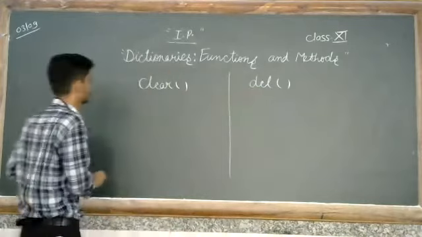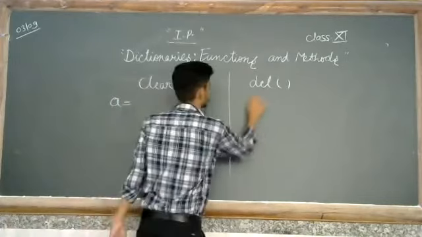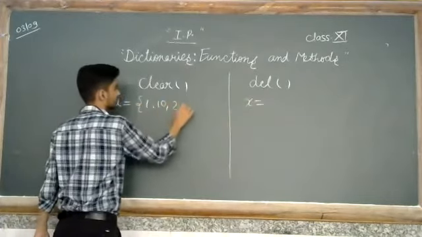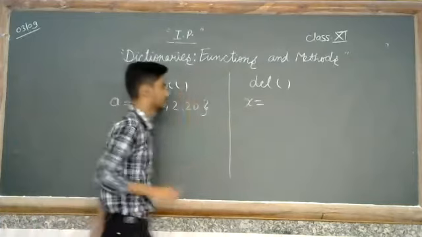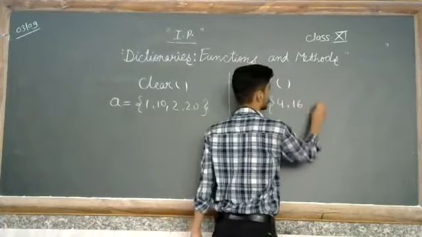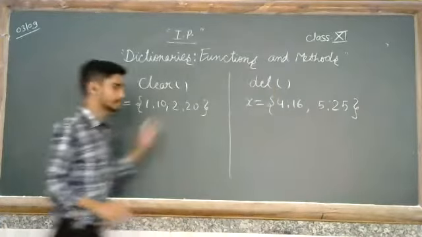Mark my point. This is my dictionary named A, and here I will use named X. This is my X dictionary. So basic difference.